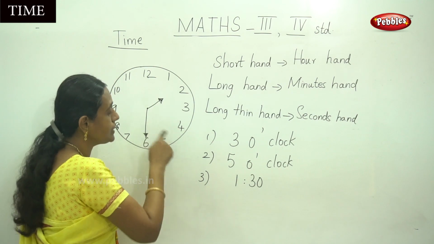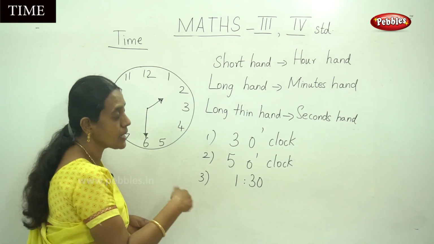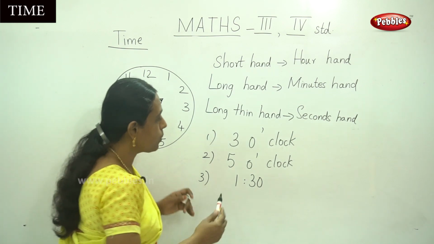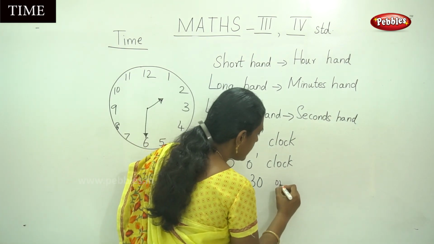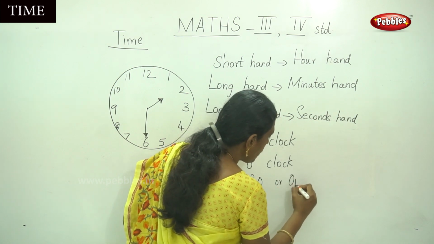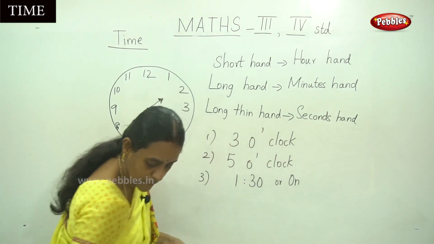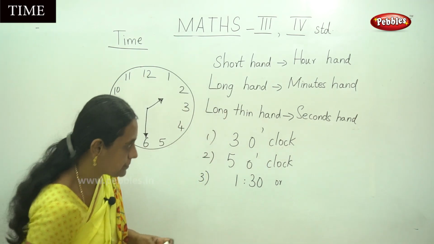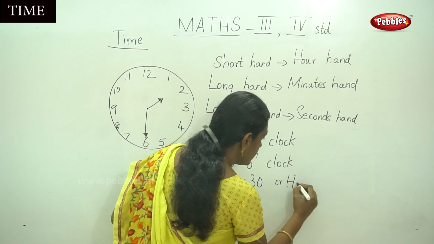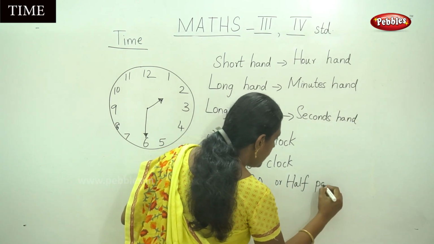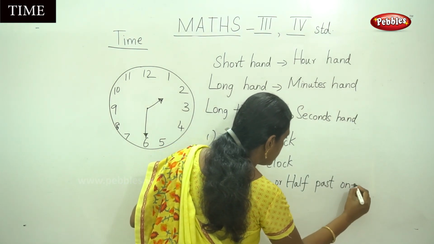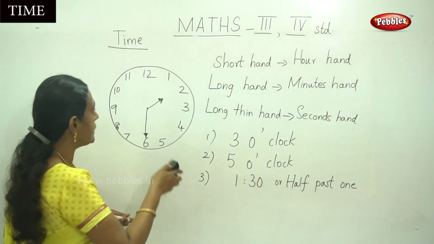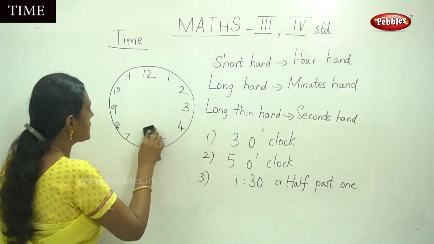So that is 1:30, which is otherwise called half past 1. The time is 1:30.